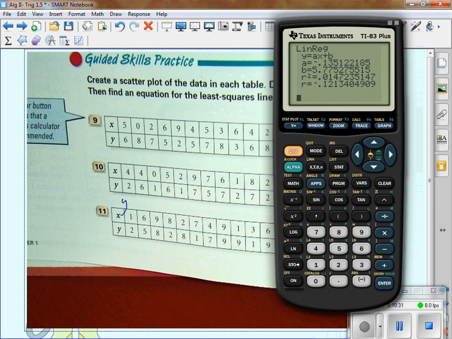The line of best fit is y equals negative 0.14x plus 5.78. That's the equation that best fits. The correlation is negative 0.12. What type of correlation would that be? It is a very weak negative because it's almost 0. Any questions on this lesson?